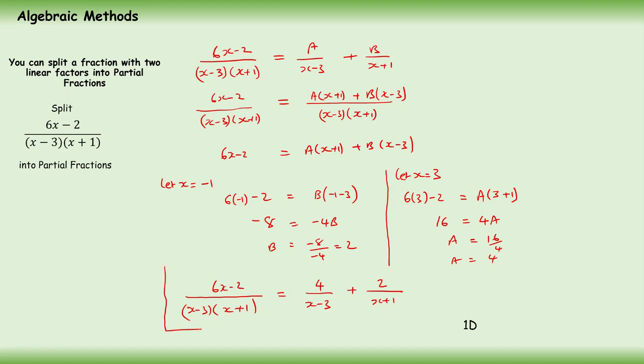And I'm done. So I've now been able to convert that fraction into partial fractions. Your turn now. Make some notes on this example. Hit pause, and when you're ready, we'll look at another example.